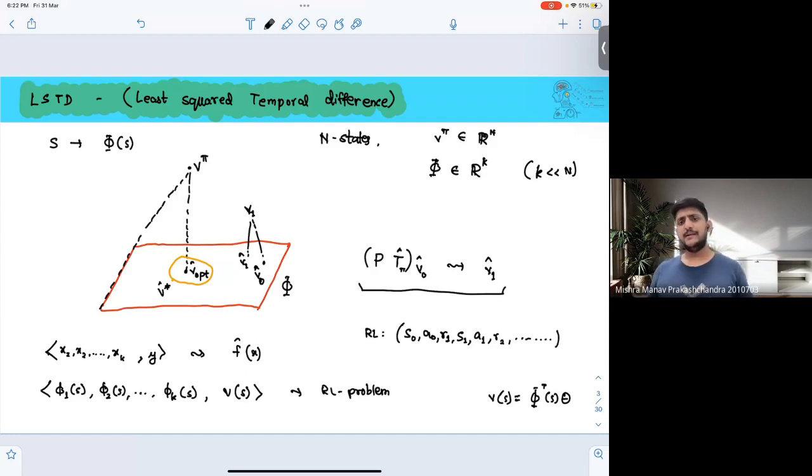The output is projected from the n space down to the phi space, which has dimension k. So you define a projection operator. This projection operator tells me the distance between v1 and v1 hat. We want to minimize that distance so as to reduce the error in the measurement. That's why the name is least squares TD method.